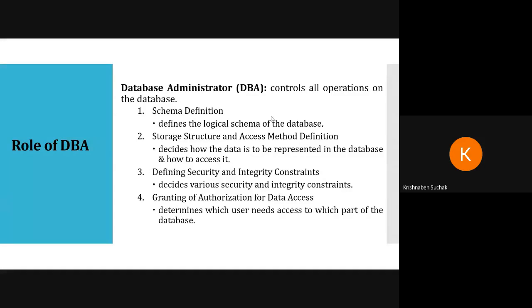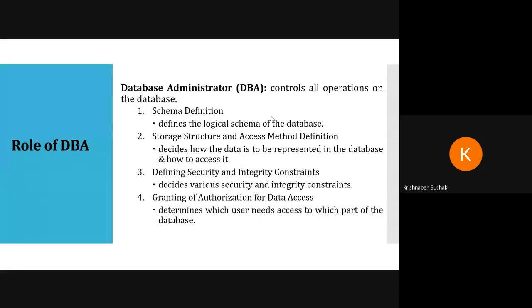Next task is granting of authorization for data access. To whom you will give the authorization, to whom you will permit to access the data, that is also looked at here. Granting of authorization for data access determines which user needs access to which part of the database.